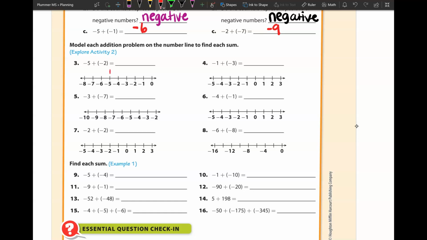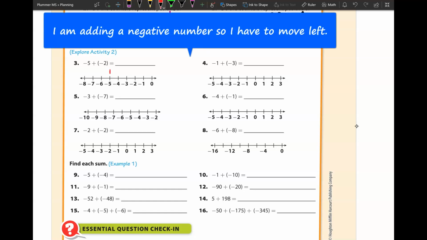This is my start. And I want to add 2. So I'm going to be going in the direction of negative numbers, 2. And when I stop, I get here because I added 2. So 1, 2. And it stops at -7.